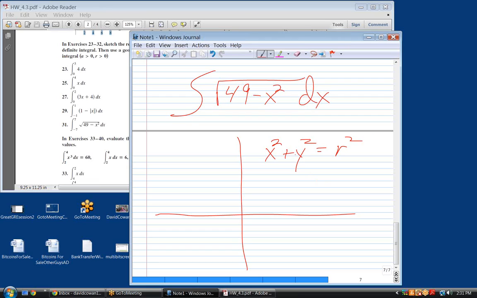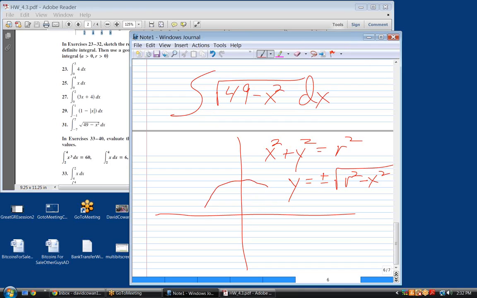Well, if you solve this for y, you get y equals plus or minus the square root of r squared minus x squared. So whenever you see something like that, think circle. That's the plus half of a circle of radius 7.